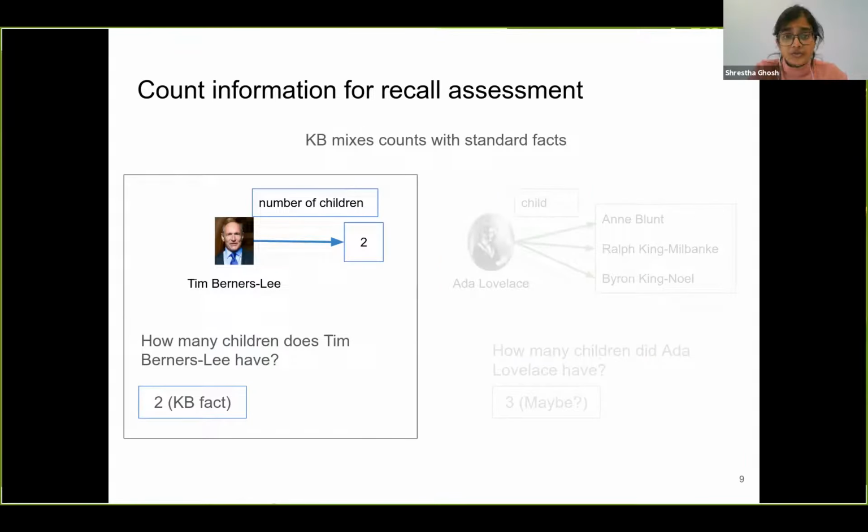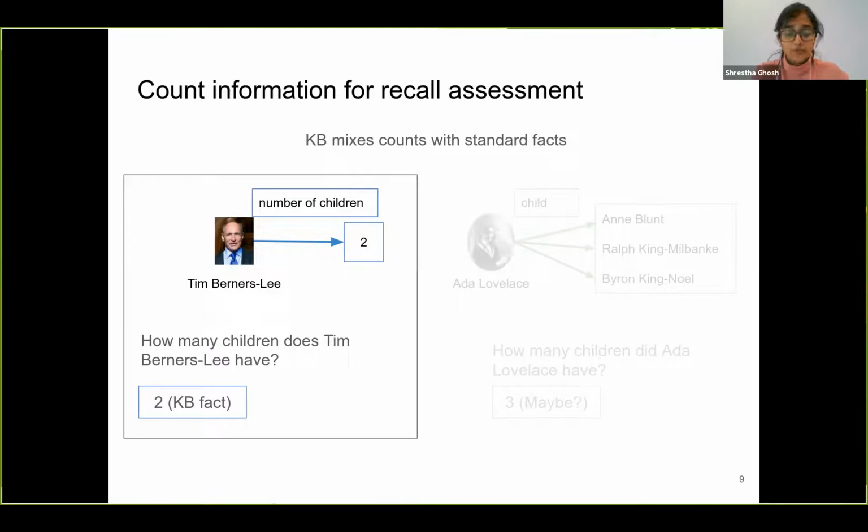Knowledge bases also mix counts with standard facts. Here we have the example of Tim Berners-Lee, who has 2 children, as is indicated in the knowledge base. So if we are looking for the answer to the question, how many children does Tim Berners-Lee have, then we have the exact number as a KB fact.